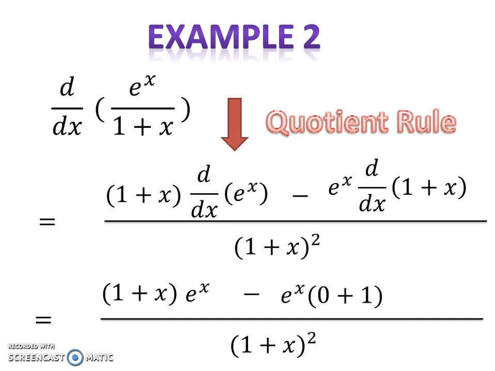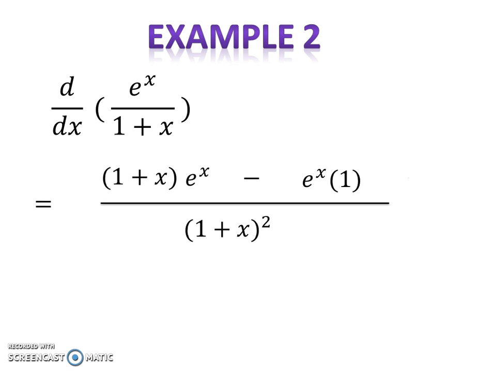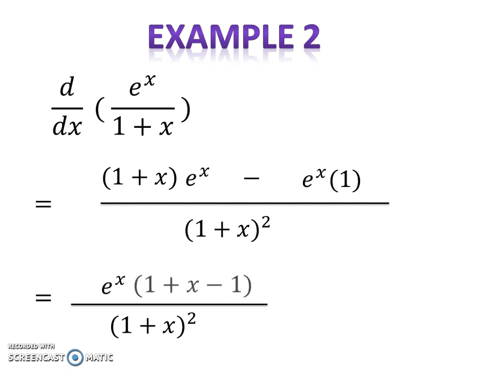So, 0 plus 1. This is what you get. Now, we need to simplify it. You can see there is e power x on both sides, so just factorize it. Gather the remaining numbers and you get your final answer. So far so good.